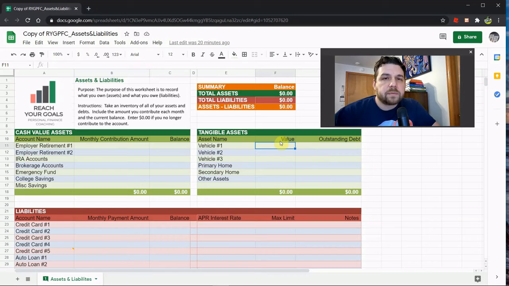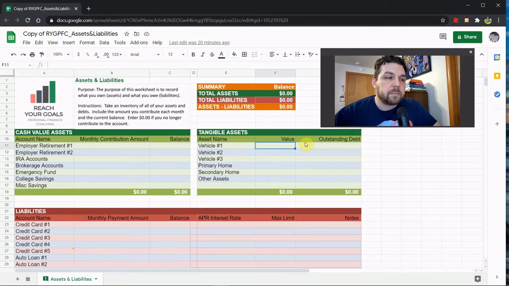The other kind of asset that we'll talk about is tangible assets. So these are things that are not in cash, but they have value. And some of these are things that may even have not been fully paid off yet. So these things include your car, or if you have more than one vehicle, or they could be a boat, or they could be your primary residence as well.